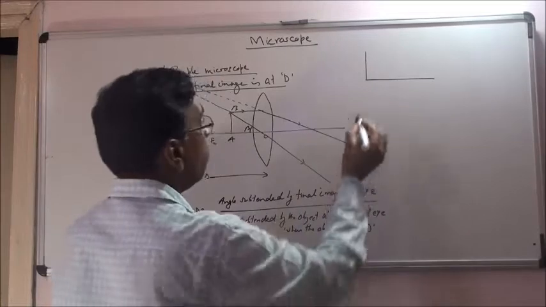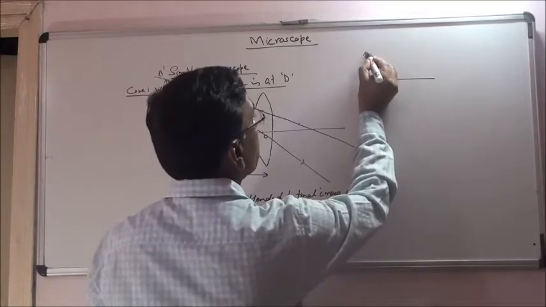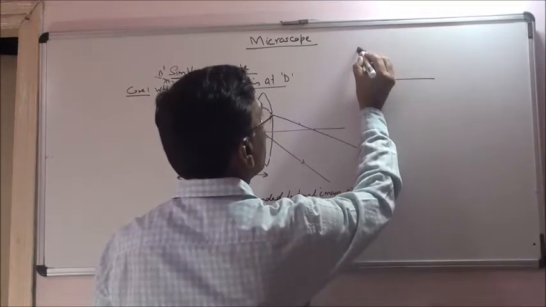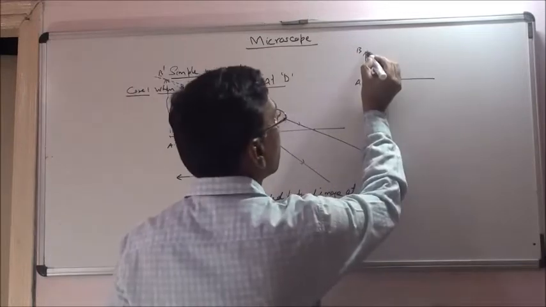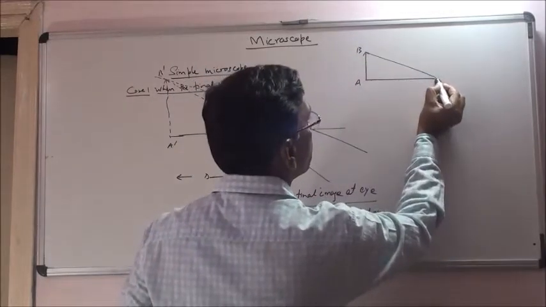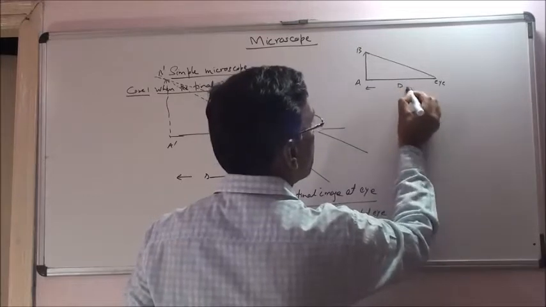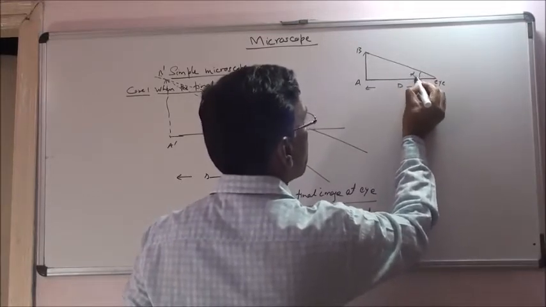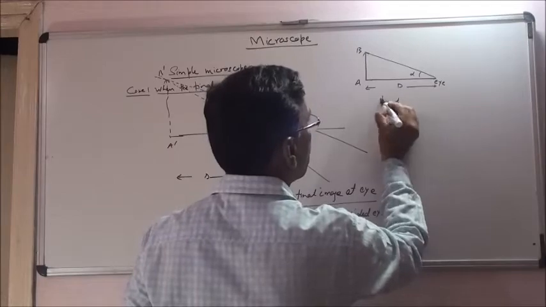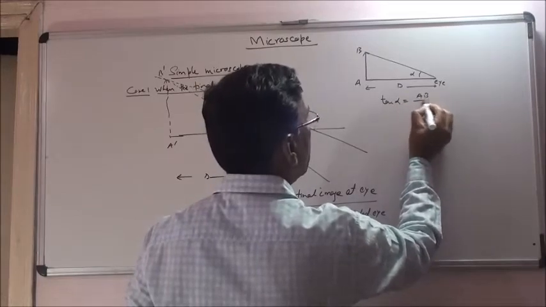And for alpha, I am drawing the diagram separately. You can draw it here too. Keep the object at distance D and then measure the angle. This is tan alpha, which is AB by D.